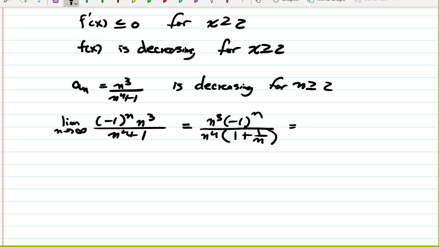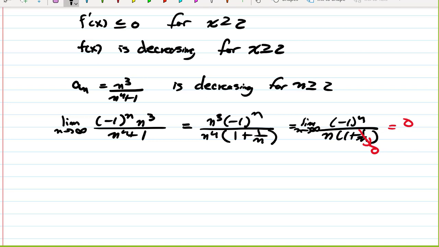That's going to reduce to (-1)^n all over n times (1 + 1/n). And if we take the limit as n goes to infinity, that goes to 0. But then this whole thing, a constant divided by infinity, the whole limit goes to 0.